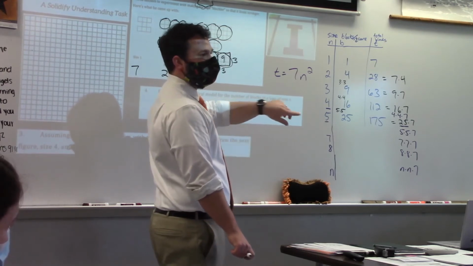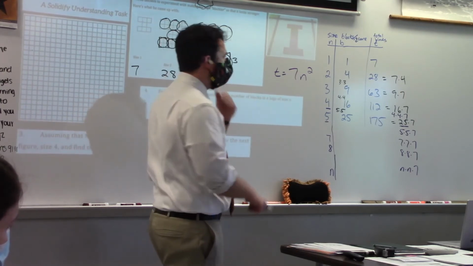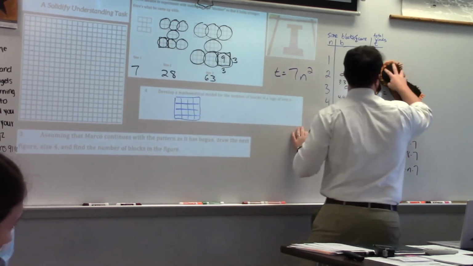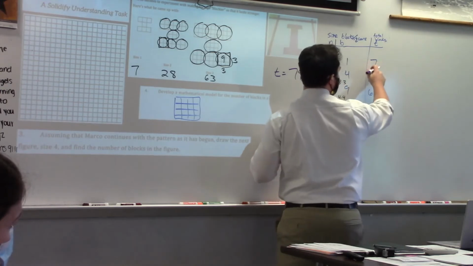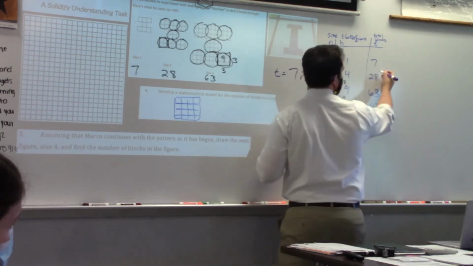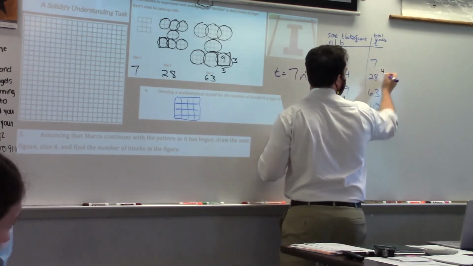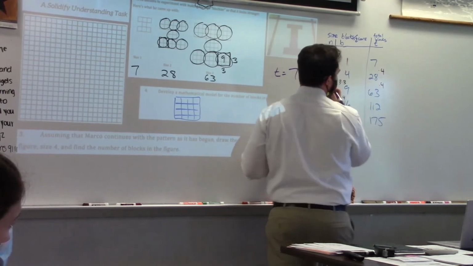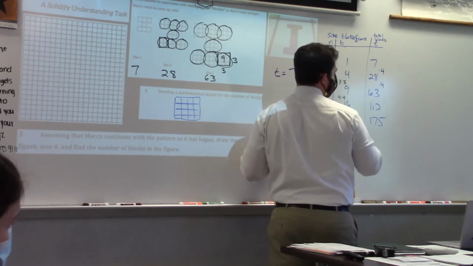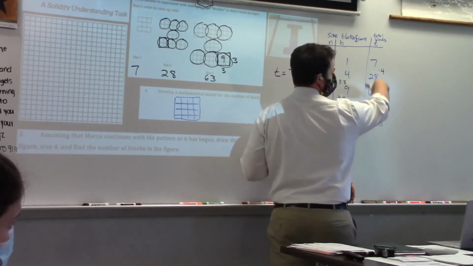Yes. Why? Multiplicative rate, constant, but is it? Is it a constant multiplicative rate of change? To go from 7 to 28, what would I multiply by? Is it quadratic? 28 times 4 would be what? 112? Is that 63? No. So are we constantly multiplying? No.